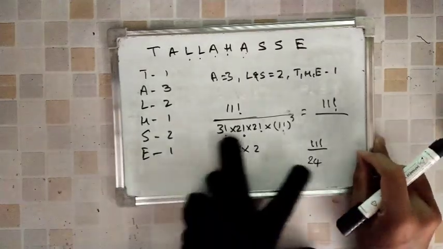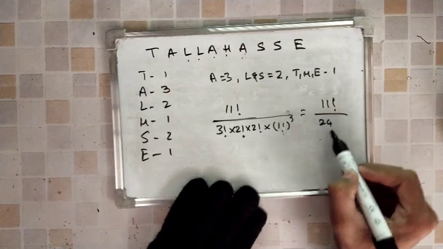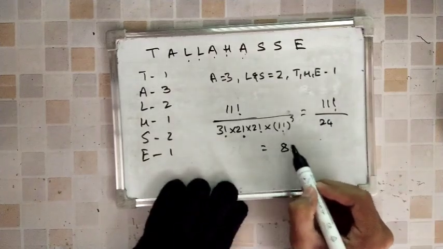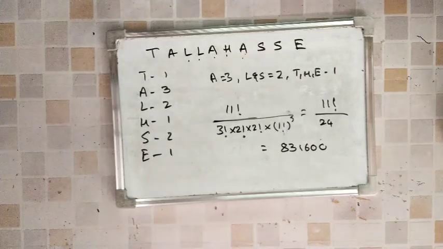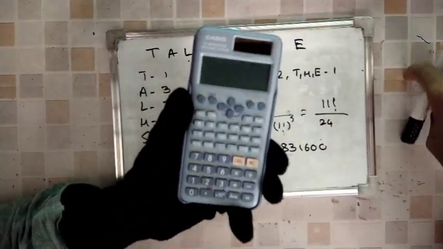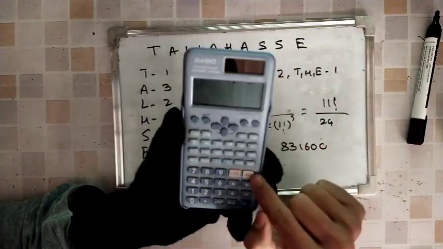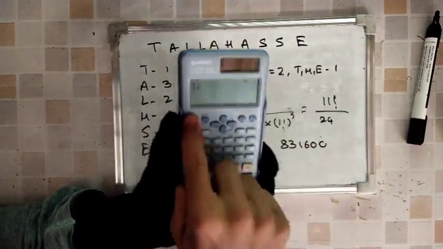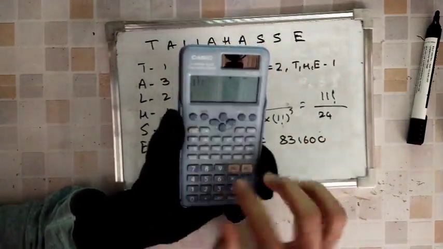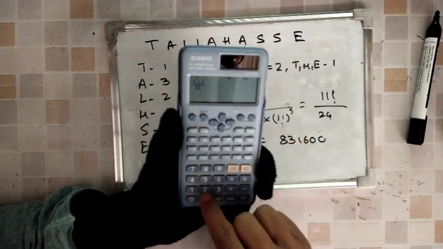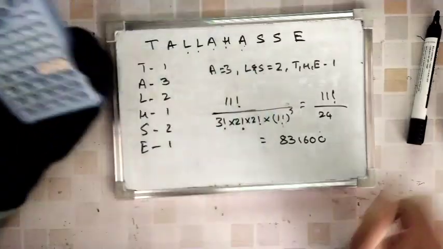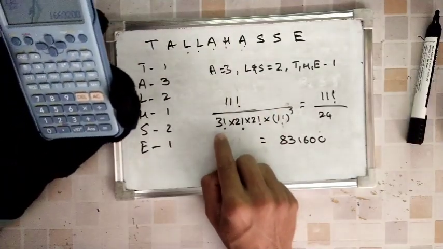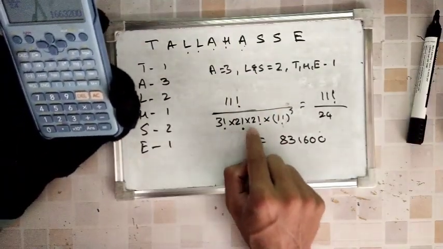So I can simply write the direct answer; if you calculate, you will get the same thing. 11 factorial divided by 24, that is 3 factorial into 2 factorial into 2 factorial.